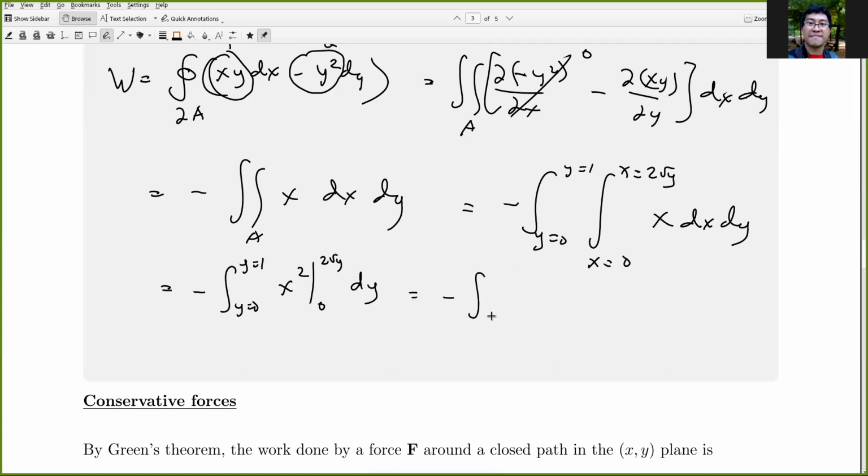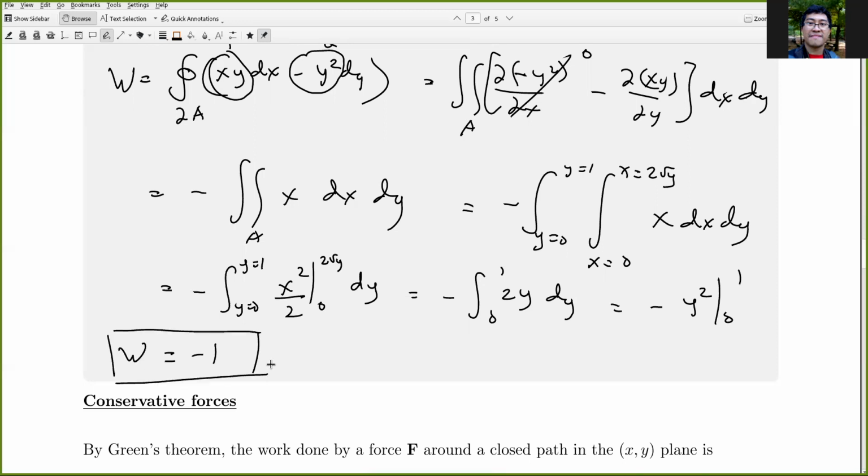So x squared is 2 squared, that's 4 times y, divided by 2, that's 2y dy. And this becomes negative y squared from 0 to 1, so we have negative 1.